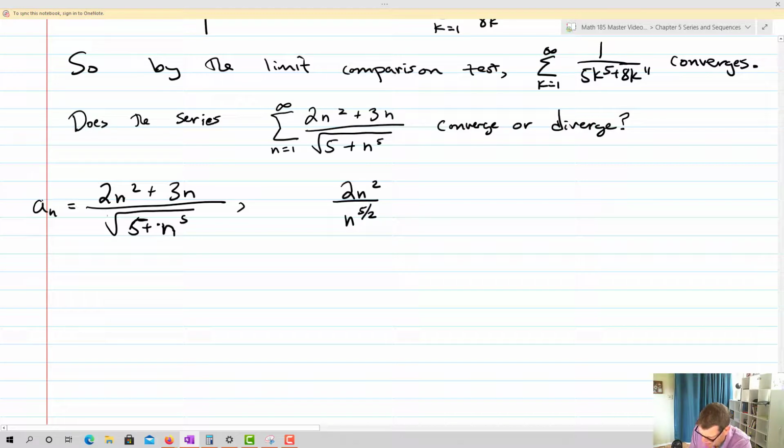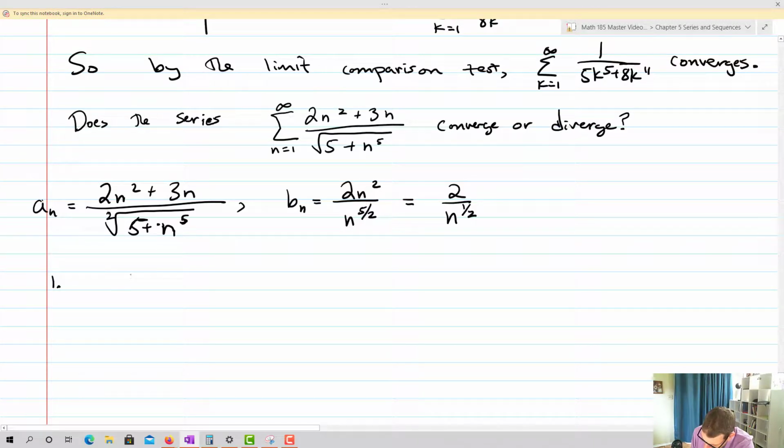And the dominant part of the top is my n squared, and the dominant part on the bottom is going to be the 5 halves, right? Because this is to the 1/2, or that's the 1/2 power, so it ends up n to the 5 halves. So b sub n is going to equal this, and that's going to then end up equaling 2 over n to the 1/2. So now I've kind of selected my values, so I'm going to begin my work.